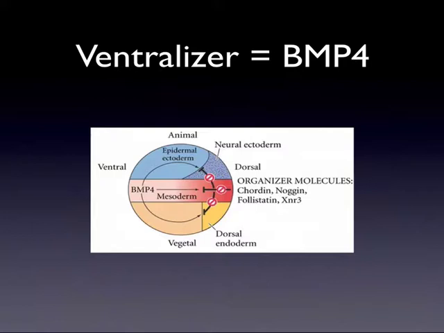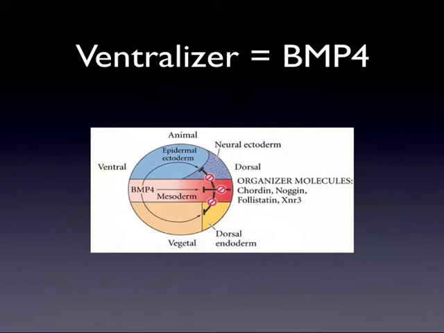So dorsalization, while we can legitimately say that it's initiated by that cortical rotation and the ultimate stabilization of beta-catenin, what's really going to happen here, the downstream consequences of that, are the production of these molecules in the organizer region that are inhibitors of the TGF beta proteins, the BMPs.